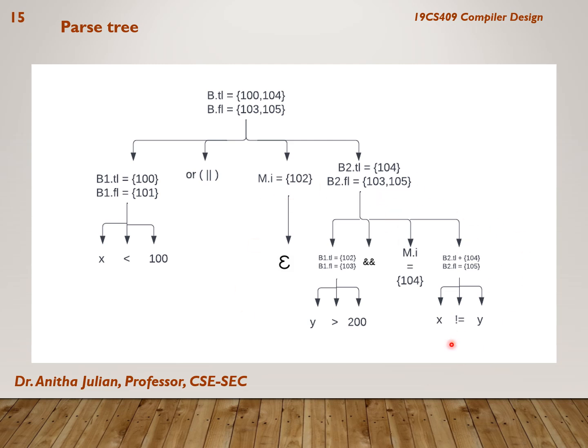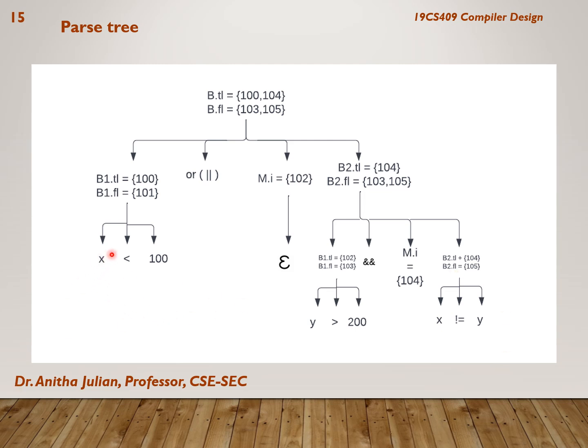Similarly, if I come here, it is an AND operation, so B2 arrow B1 and M B2. So that is how we have drawn the tree based on the productions B arrow B1 or B2, or B arrow B1 and B2.